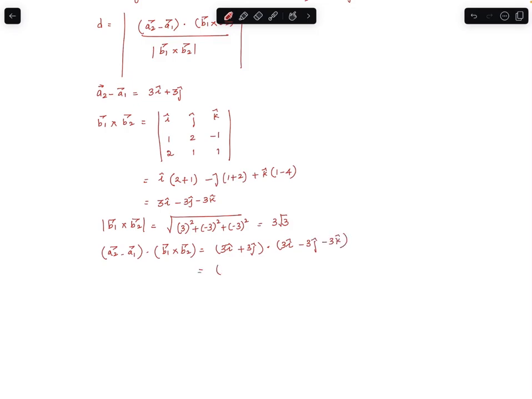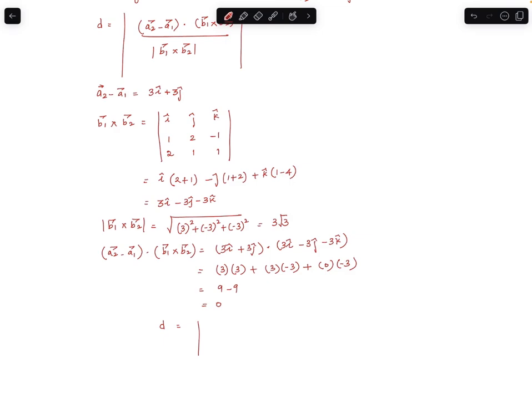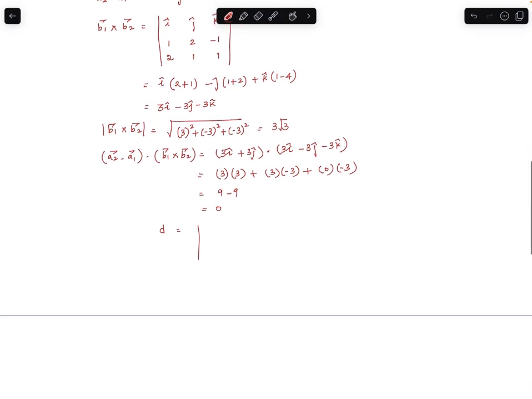Multiplying the respective components, 3 times 3 plus 3 times minus 3, and we don't have k, so 0 times minus 3, which gives us 9 minus 9, that is 0. Substituting these values in the formula, magnitude of (a2 minus a1) dot (b1 cross b2) is 0 upon magnitude of b1 cross b2, which is 3 root 3, which is equal to 0 units.